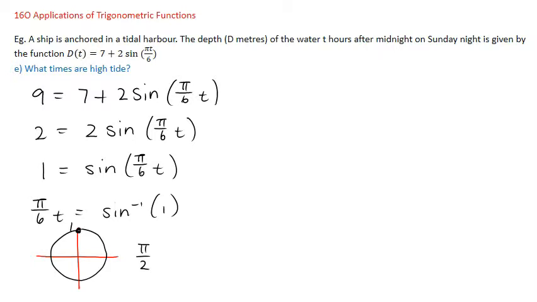Close. So we get pi on 6t equals pi on 2 and 5 pi on 2. Take the pi on 6 over and divide.